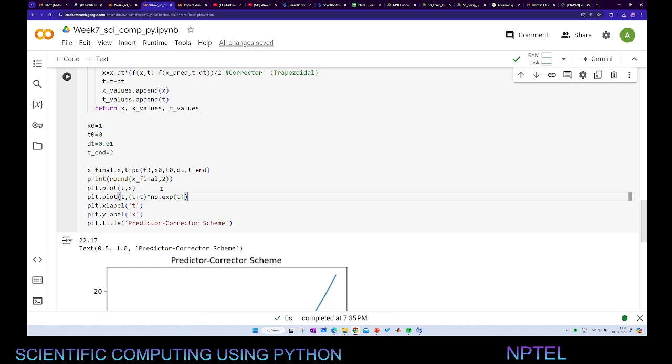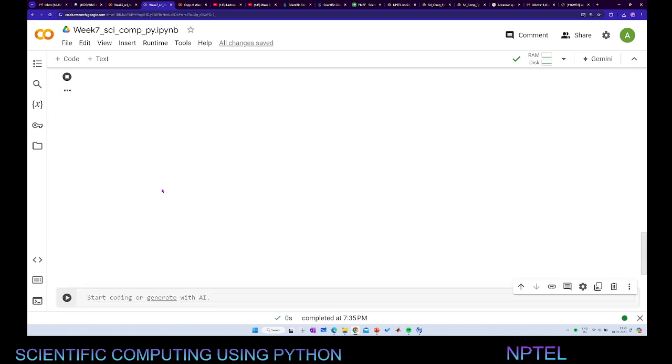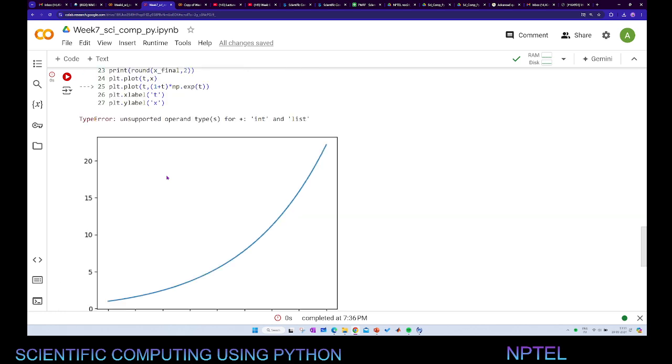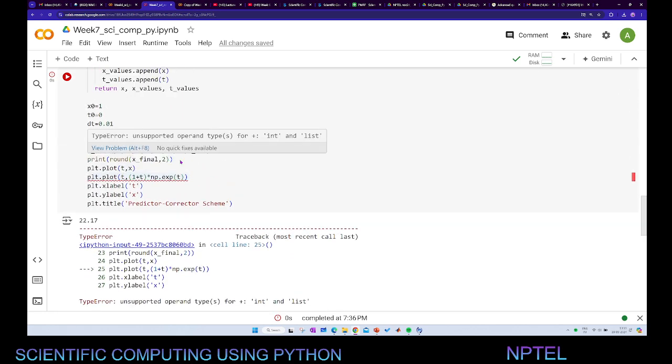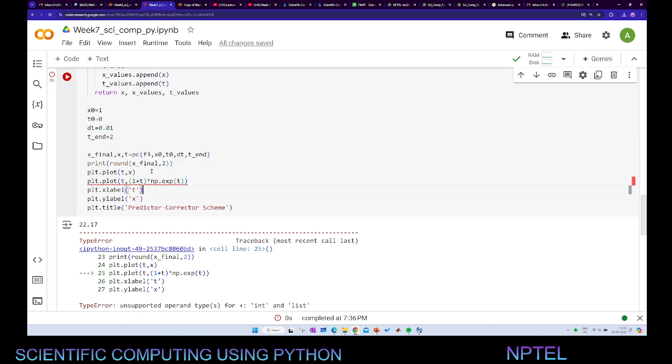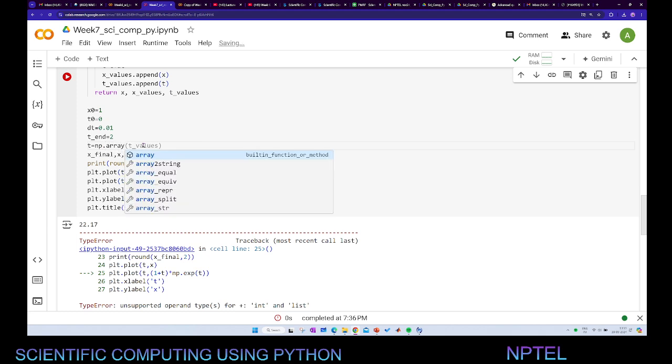Yeah, and if I run this, it won't run. Why? Because I am doing exponential of a vector, exponential of a list, which is not allowed. I have to say t is equal to np dot array of t values, of t rather. So this should come after the definition of t.